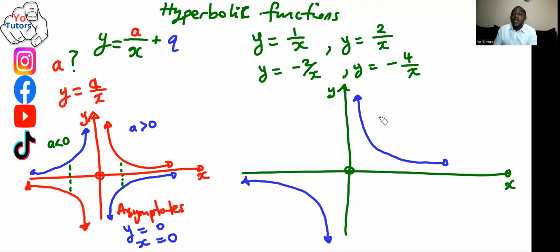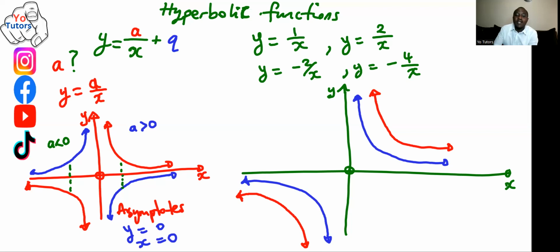Then what about 2 over x? The 2 is a stretch. So what we see is that it's a bit farther from the x-axis. When you increase the value of A, you're moving the graph away from the x-axis. So you're stretching it. Here is our graph.